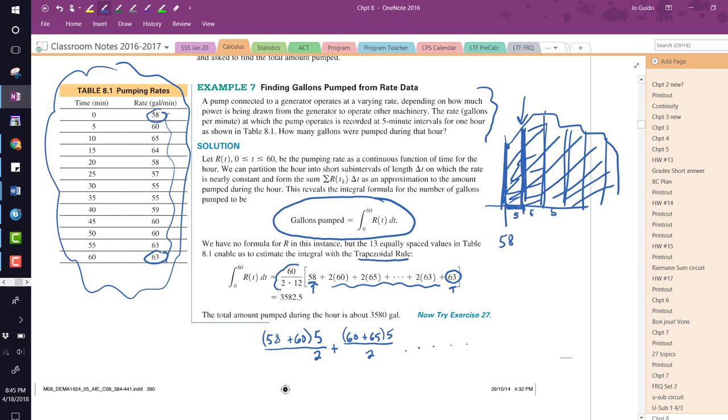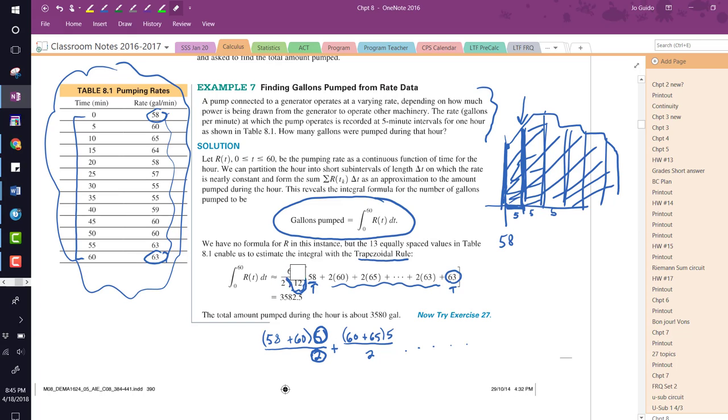If you look at what they did here, they kind of did two things. This 60 divided by 12 is my 5. They said, look, this interval has a length of 60, and there are 12 subintervals in it. That's why they did 60 divided by 12. And then this 2 is just this divided by 2 factored out.